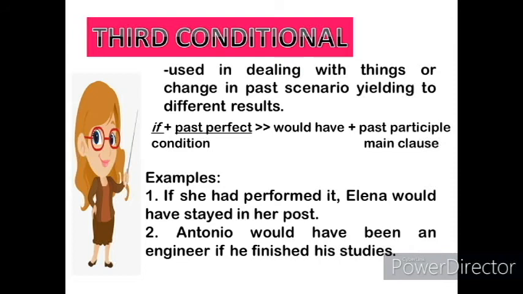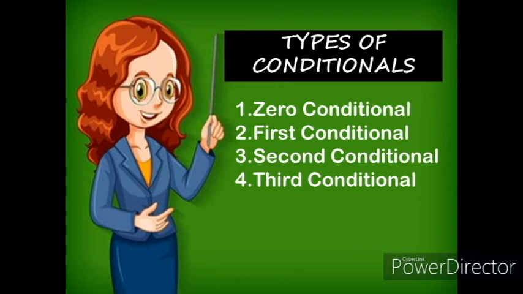Examples. Number 1. If she had performed it, Elena would have stayed in her post. Number 2. Antonio would have been an engineer if he finished his studies. There you have it, our 4 types of conditionals. Zero conditional, first conditional, second conditional, and third conditional.